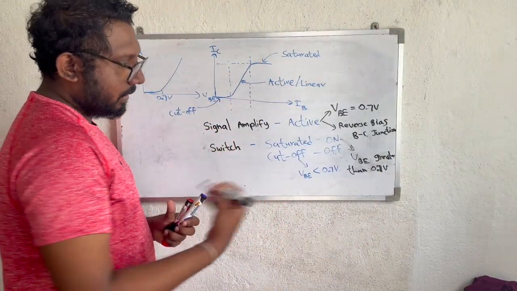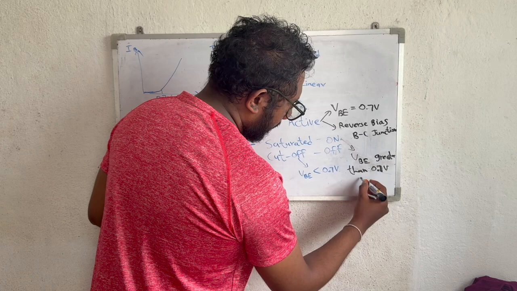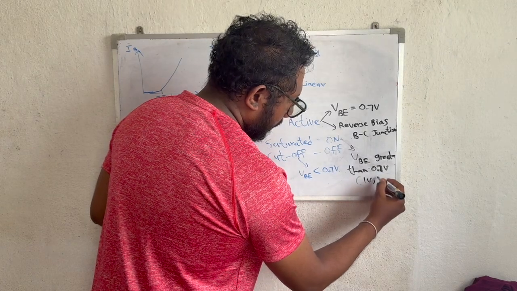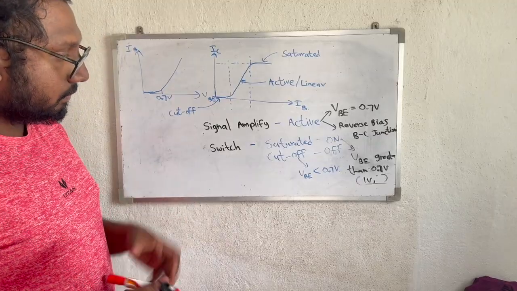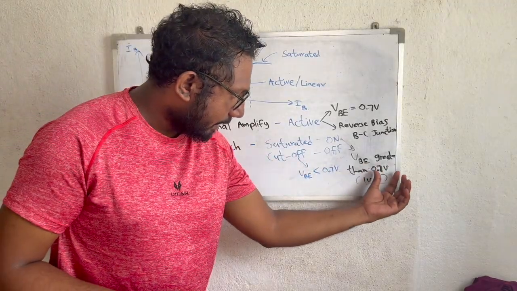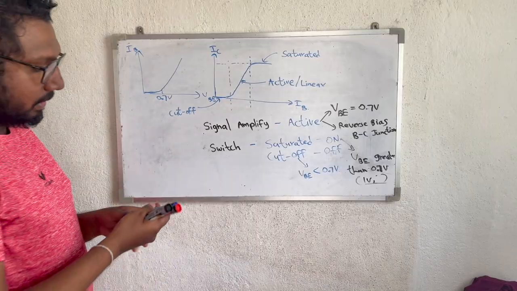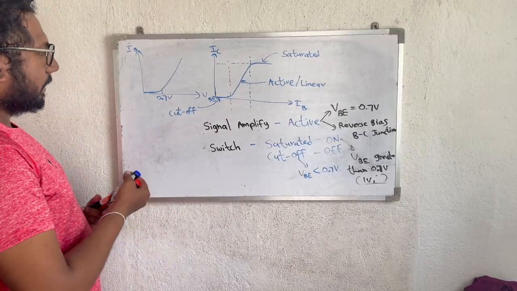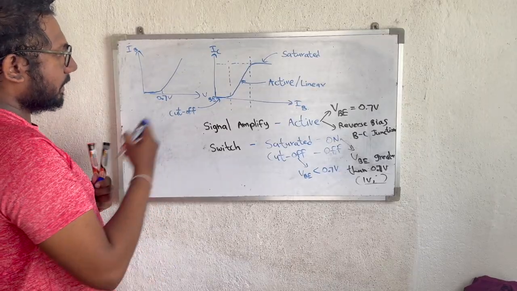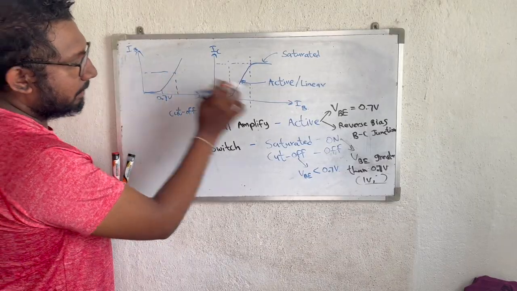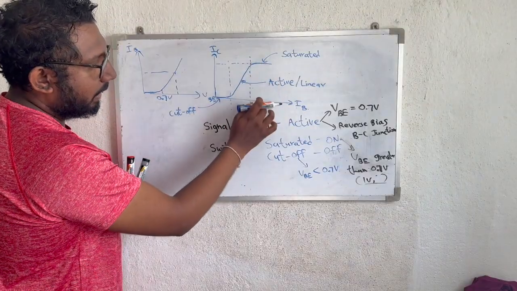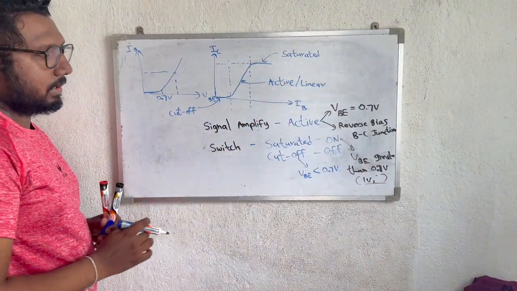It's something like 0.1 volt more or so. We cannot say exactly what the value is, but if we provide a VB value higher than 0.7, as you can see in the input characteristic, there is a high IB current. High IB current means it may be in the saturated region, right?